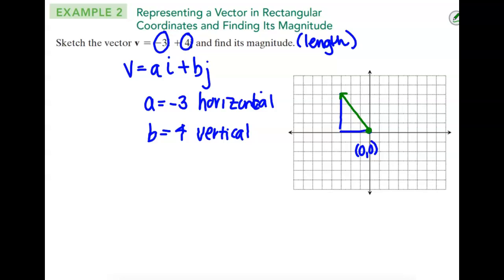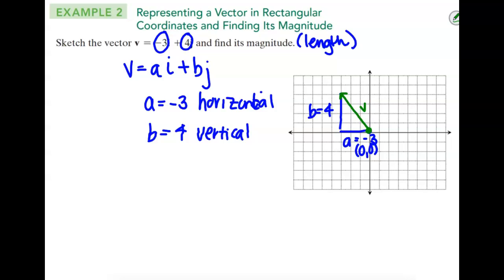So that's the vector v. This distance is our a, which is negative 3, and our b, which is 4. And what we have in the green is our vector graphed out. What it asks us to do now is to find the length or the magnitude of that vector.